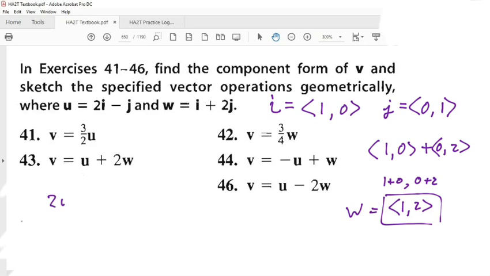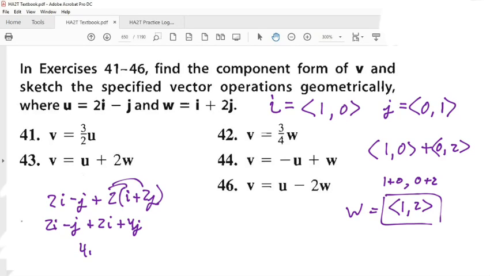Then we're going to add 2 w's, and that's i plus 2j. You distribute the 2, no problem: 2i plus 4j. Then you add that to the negative j and the 2i. So there's 4 i's total, plus 3 j's. Now this would be the v vector for number 43.